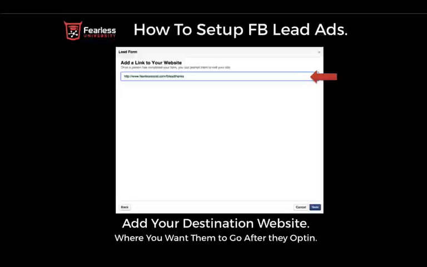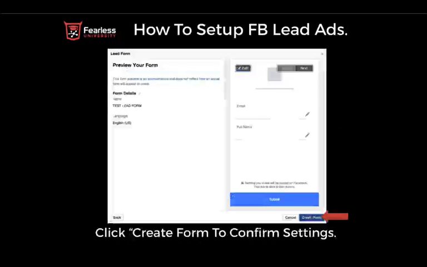Good. So starting to look like our typical setup as marketers to get people to opt in, and Facebook's done a really good job of setting this up in a flow. As soon as we add this destination after they opt in, we move to the next stage. It gives you a preview, and all you really got to do here is click create form.